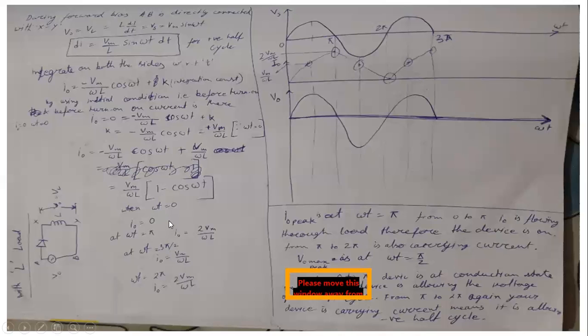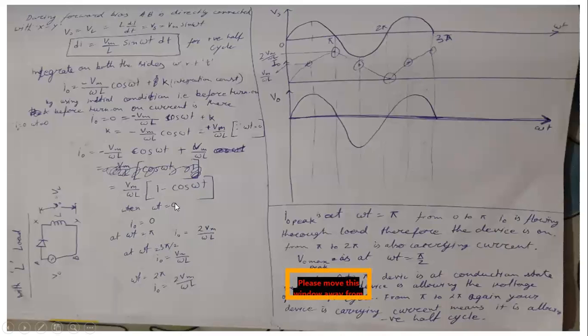When omega t equals 0, I naught equals 0. Now at omega t equal to pi, I naught will be equal to 2 Vm by omega L, because cos pi is minus 1.